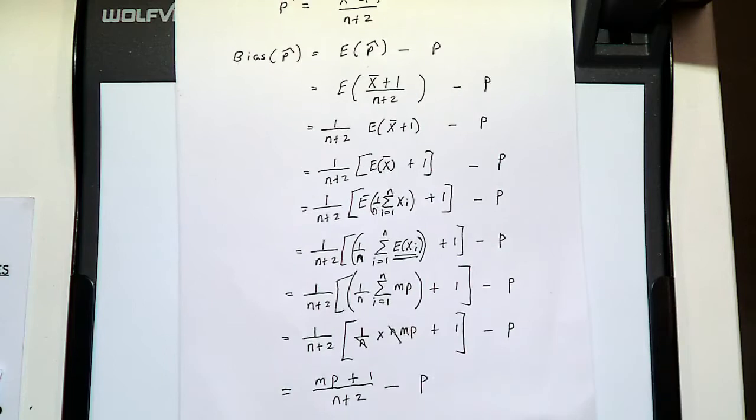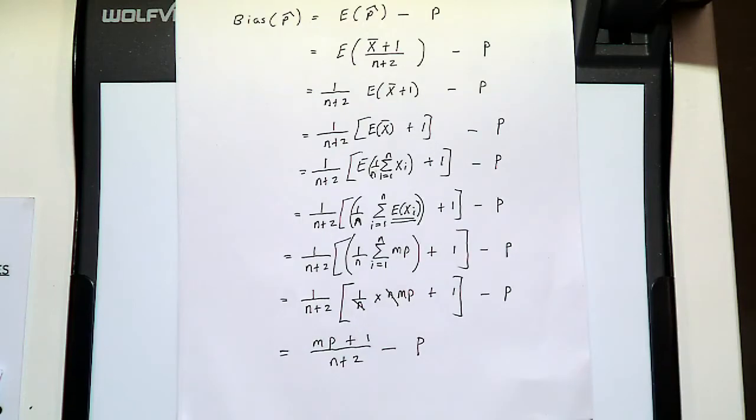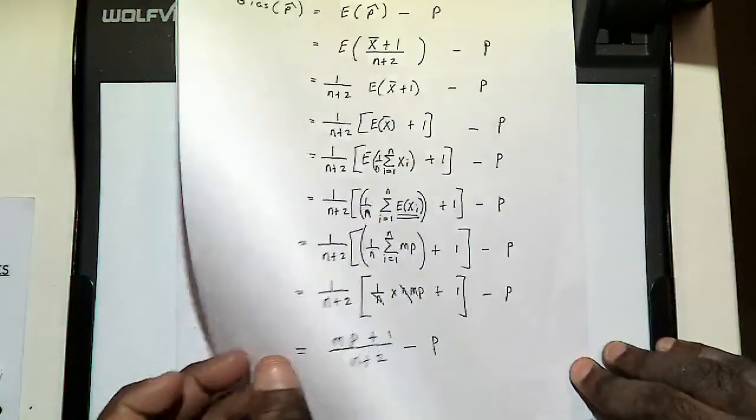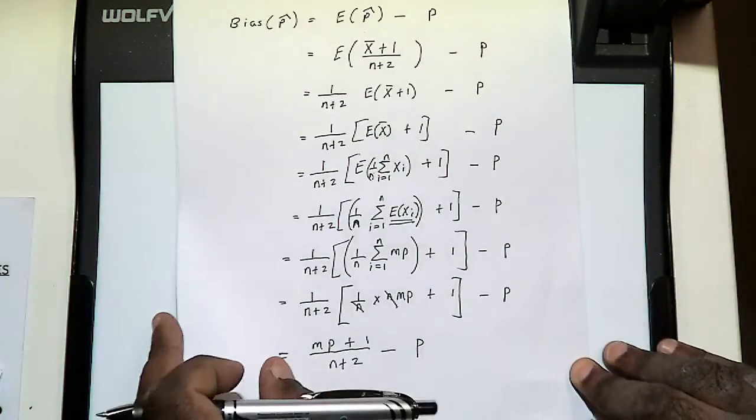So this is the bias of it, right? I'm sure you got this right. You have to be a little careful with the n and the m, because they are two different things. M is the parameter for the binomial, where n is the sample size, right? So don't get them confused, right? So that's the bias.